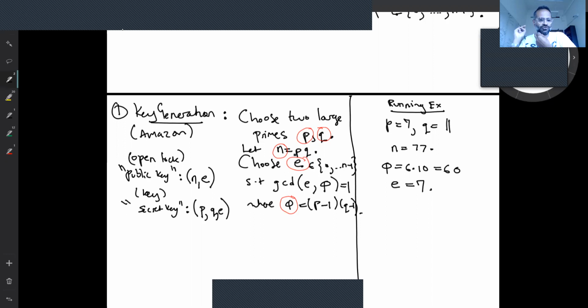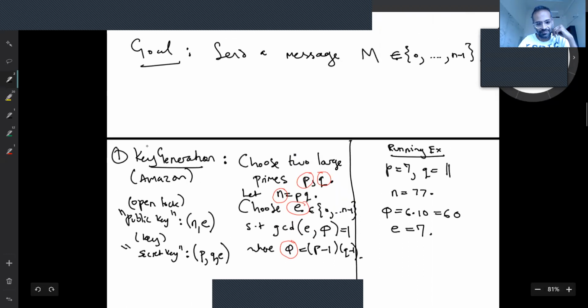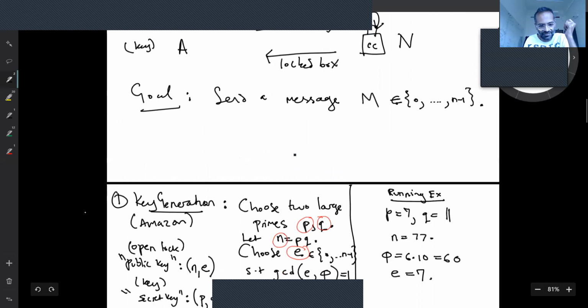Now, what's the difference between the public key and the secret key? We factored n into the 2 primes. Exactly. So the reason the secret key has more information than the public key is it contains the primes separately, whereas the public key only contains the product. So the underlying principle in cryptography is that it's very hard to factor large numbers.